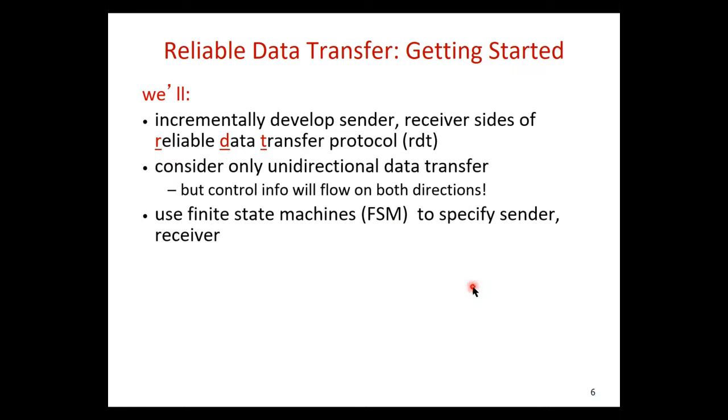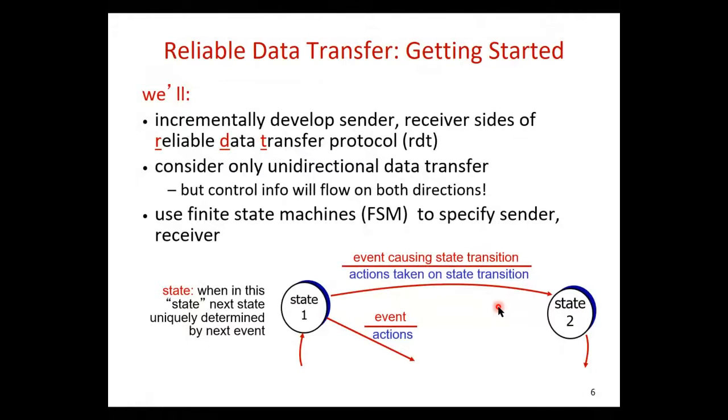And then we'll use finite state machines to specify the sender and the receiver. I think you're all familiar with finite state machines. They are typically used to specify communication protocols. Just to refresh our memory, in a finite state machine, we have states, and transitions from one state to another, which are shown by arrows.